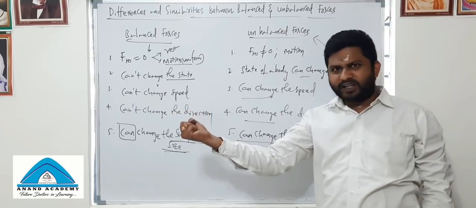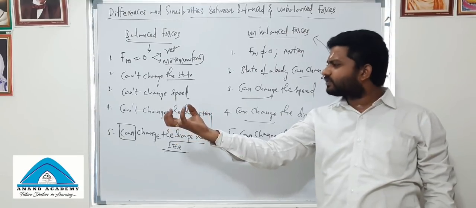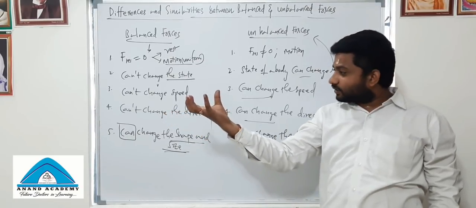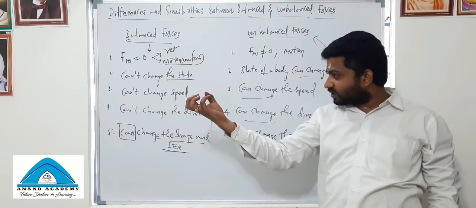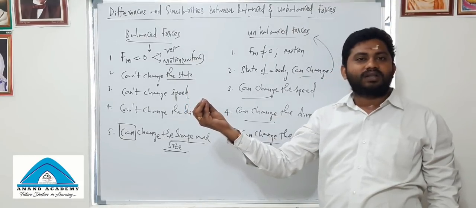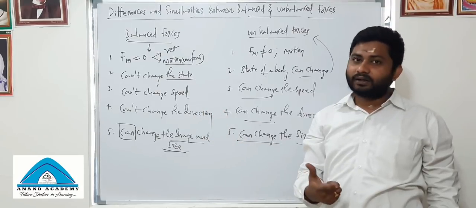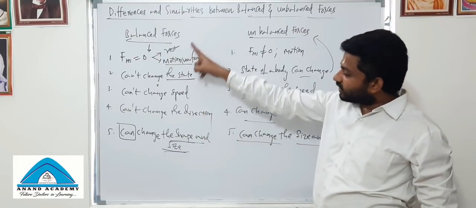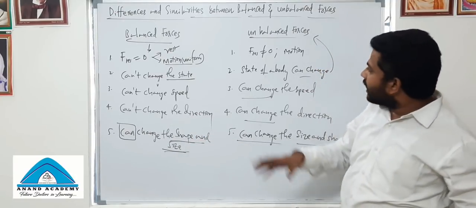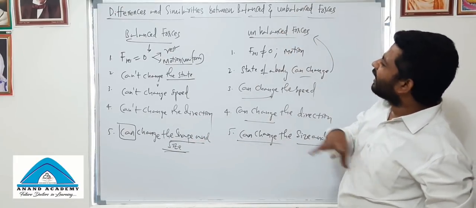It will be in the same state of rest. So that's the concept of balanced forces I am applying: the shape and size of the body is changed, but not the state of the body. Clear? So balanced forces can only change the shape and size of the body, but unbalanced forces can do everything.